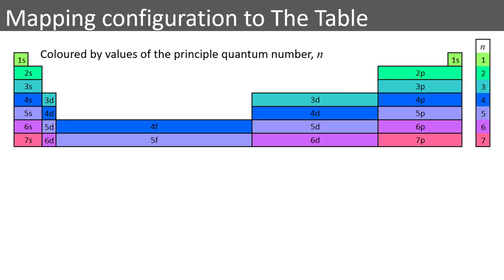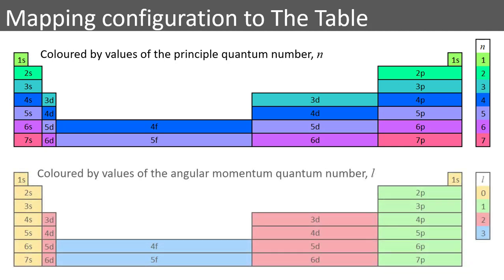Of course, we can also color code on the value of the angular momentum quantum number L. This maps the blocks of the periodic table. Two unusual features here being that, 1, helium is clearly an s block element, although we align its chemistry better with the elements of group 18 in the p block.